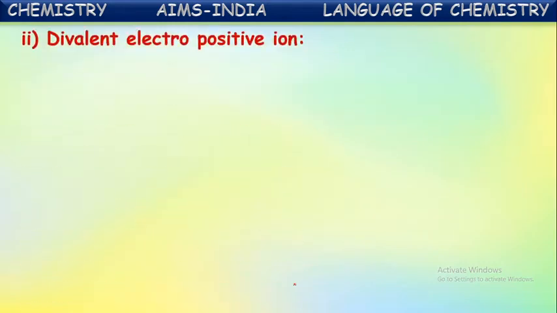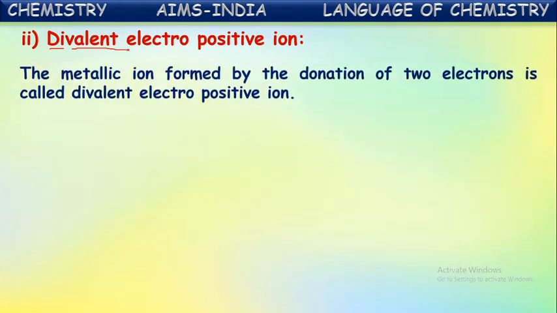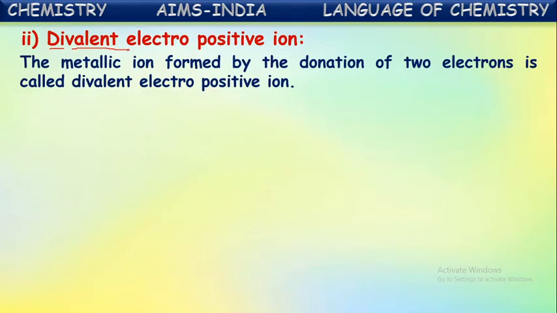Next, divalent electropositive ions. What does it mean here? In the name itself, it is there. Di means two. Divalent, two valency. The definition is: the ions formed by the donation of two electrons are called divalent electropositive ions. So the positive ions formed by the loss of two electrons are called divalent electropositive ions.